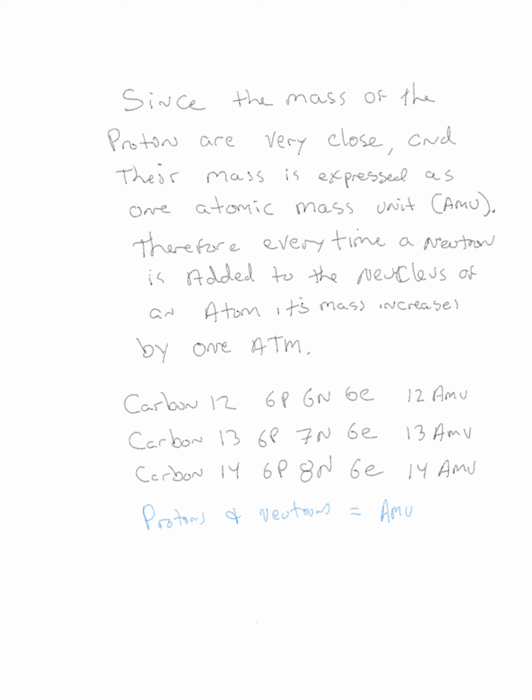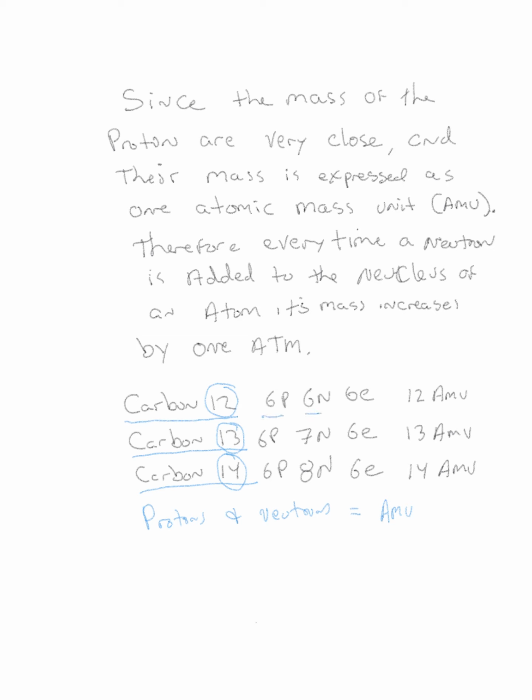So I gave an example. If you look at the 3 common isotopes for carbon, you have carbon-12, carbon-13, and carbon-14. So this number here tells you the atomic mass units of that isotope. So if you look at carbon-12, there's 6 protons and 6 neutrons.